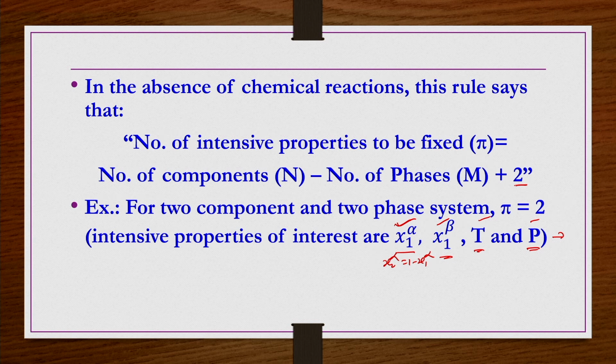Okay. Out of these 4 intensive properties, how many must you fix so that the state of phase equilibrium is described unambiguously? That you can know by the Gibbs phase rule. So, pi is equal to the number of components, 2, minus the number of phases, 2, plus 2.